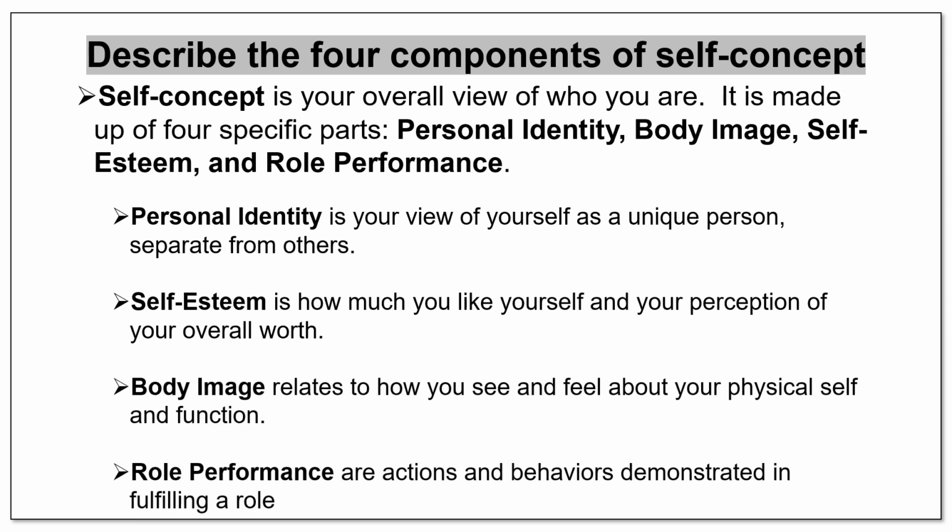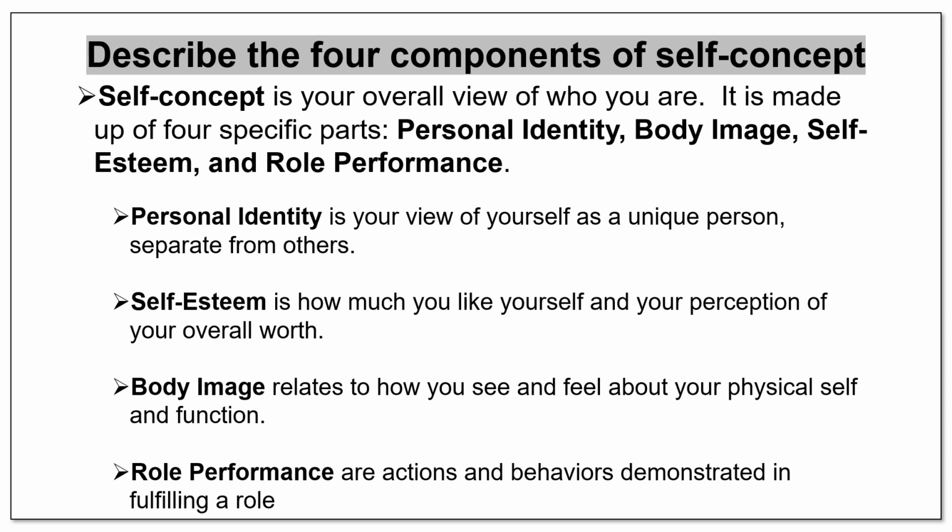Third, we have body image. This is how a person views and feels about their physical appearance and abilities. Health changes like facial injuries, burns, or the need for a walker can strongly affect body image and how someone relates to others. And finally, we have role performance. This is about how people carry out the roles that are important to them, like being a student, a parent, or caregiver.